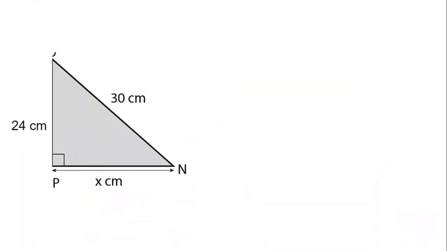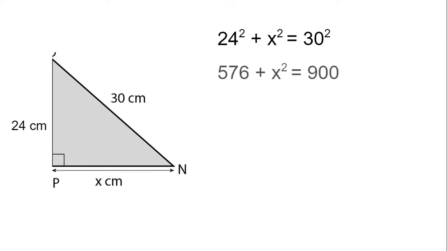So 24 squared plus x squared equals 30 squared, where 30 is in place of C. 24 squared, 24 times 24, that's 576, plus x squared equals 30 times 30, that gives me 900.